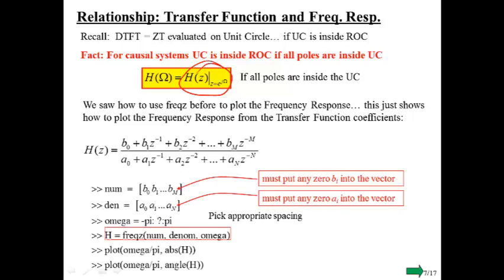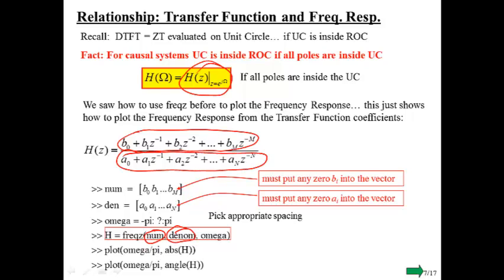So there's a command in MATLAB that allows us to, from the frequency response, be able to get the transfer function, and this command is called freqz. We've already seen this before, where we filled in these quantities based upon the difference equation. Well, those coefficients reside here as well.